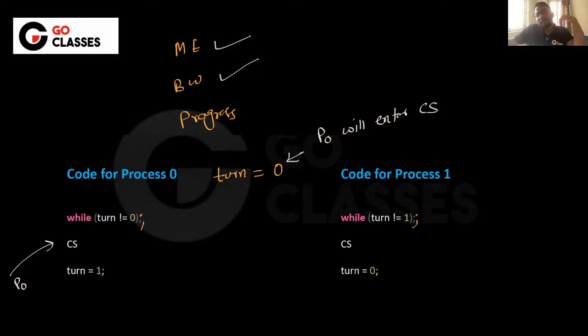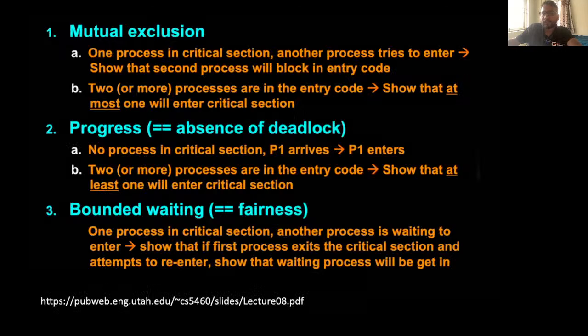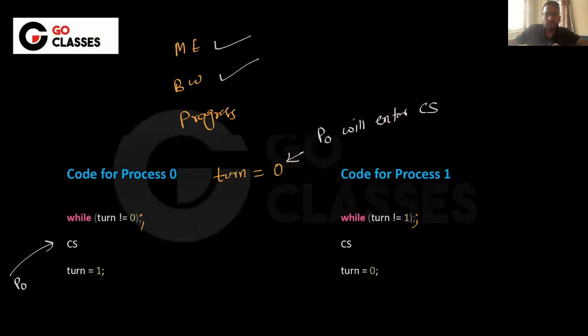What is progress? Progress says that if no process is in the critical section and P1 arrives, then P1 should be able to enter. Let's suppose no process is in the critical section, turn is initially 0, and then P1 arrives.